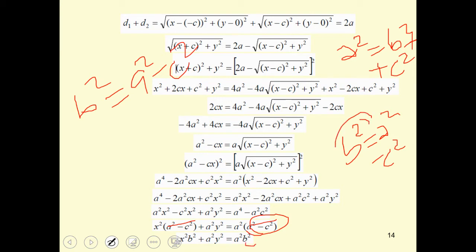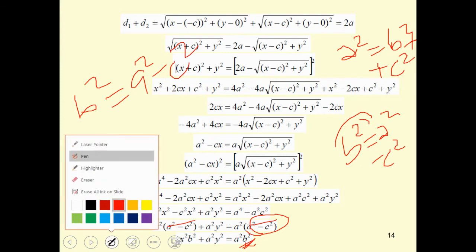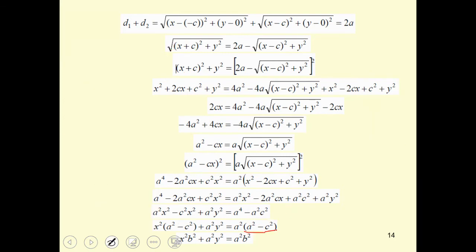Okay? a squared minus c squared is equal to b squared from the Pythagorean theorem. That is what we put here. We substituted it. Okay?